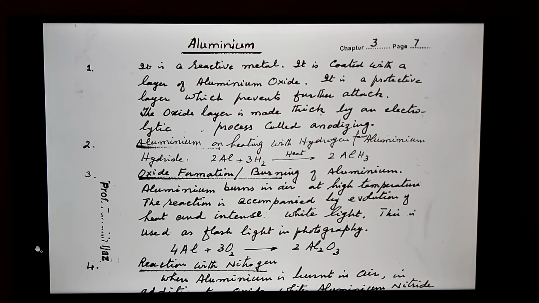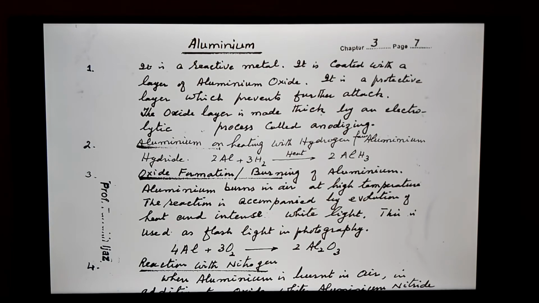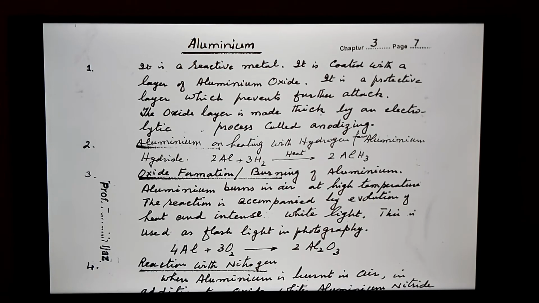So we finish boron here and start aluminium, the second element of the third group. Aluminium is a reactive metal. It is coated with a layer of aluminium oxide. The oxygen of the atmosphere slowly reacts with the surface of the aluminium to form aluminium oxide, which protects it from further corrosion.